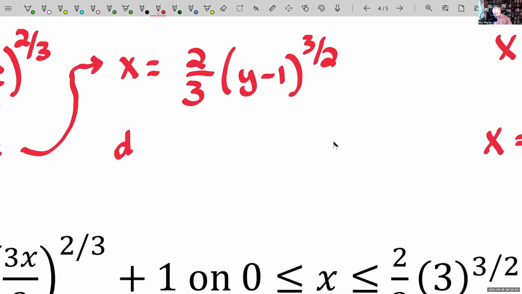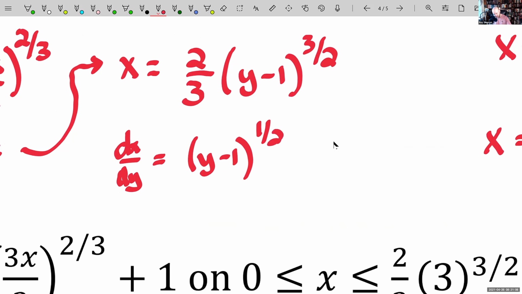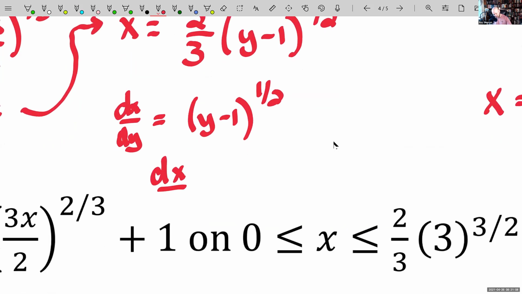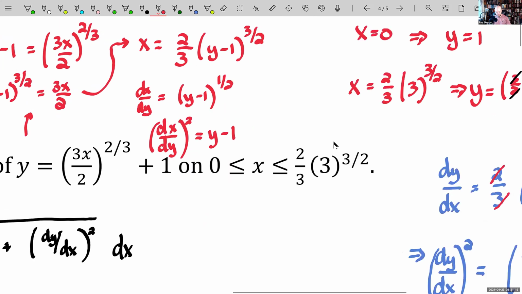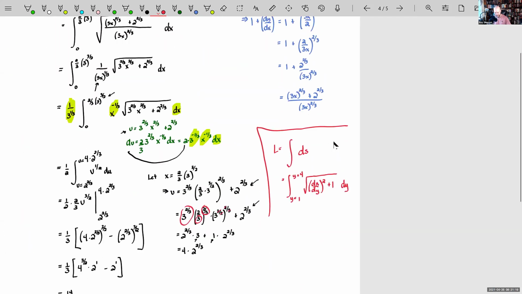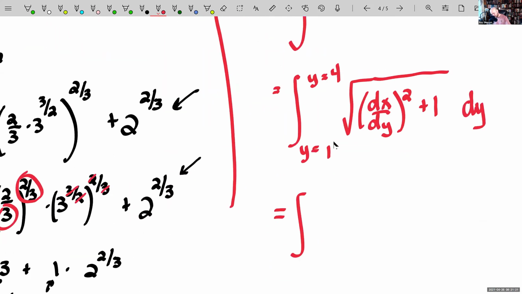I know what dx/dy is. Bring down the 3/2 power, it'll cancel with 2/3, and you get y minus 1 to the 1/2. Thus, dx/dy squared is y minus 1. Add 1, and it is just y. This would be the integral from 1 to 4 of y to the 1/2 dy.